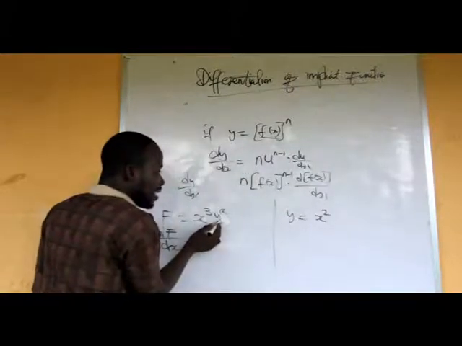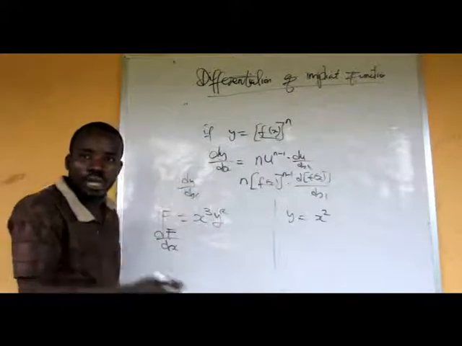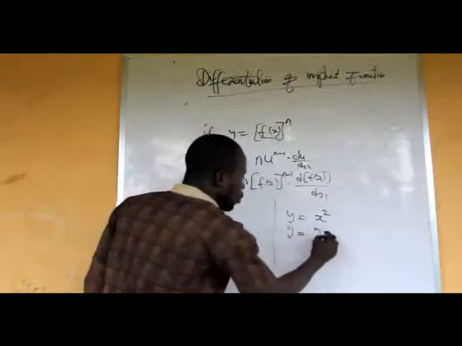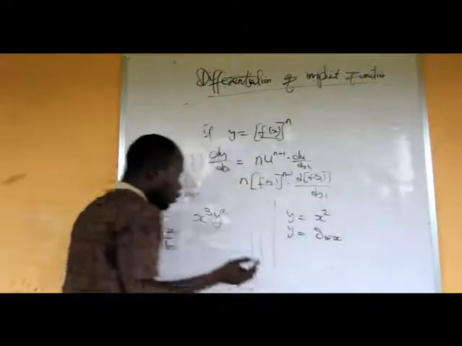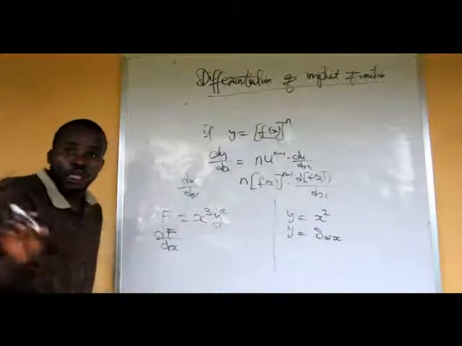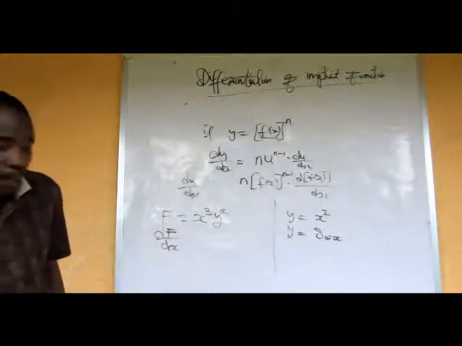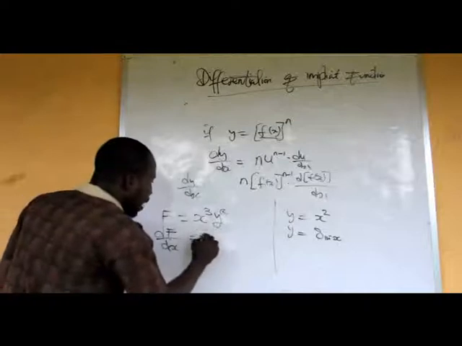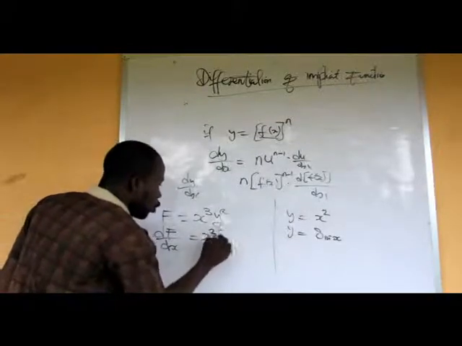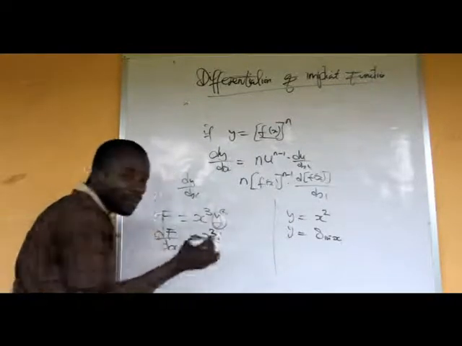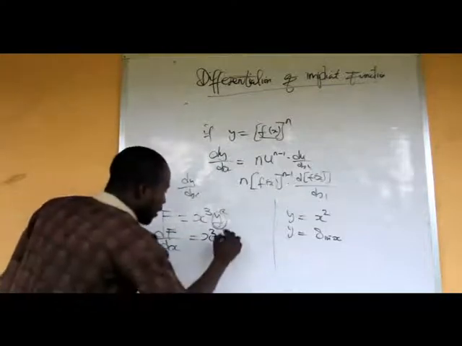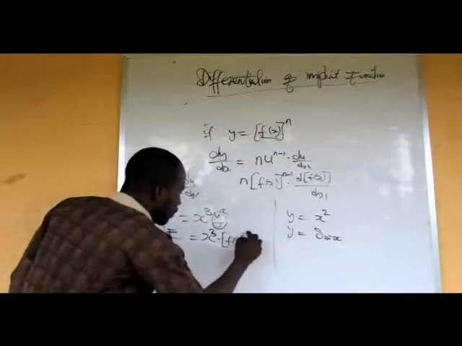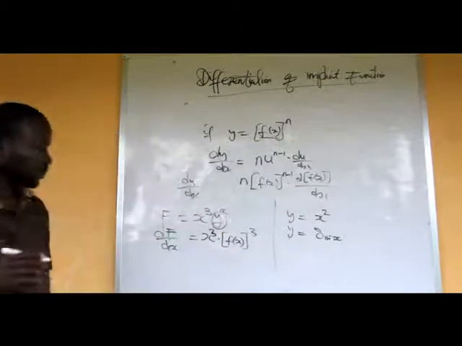This y you are seeing here is a certain function of x. It could also be that maybe y is equal to sin x. So it is a certain function of x. So you can decide to use f of x for that place. So this can be written as x cubed dot, since I know that my y is a function of x, I can write it like this, f of x all raised to power 3.